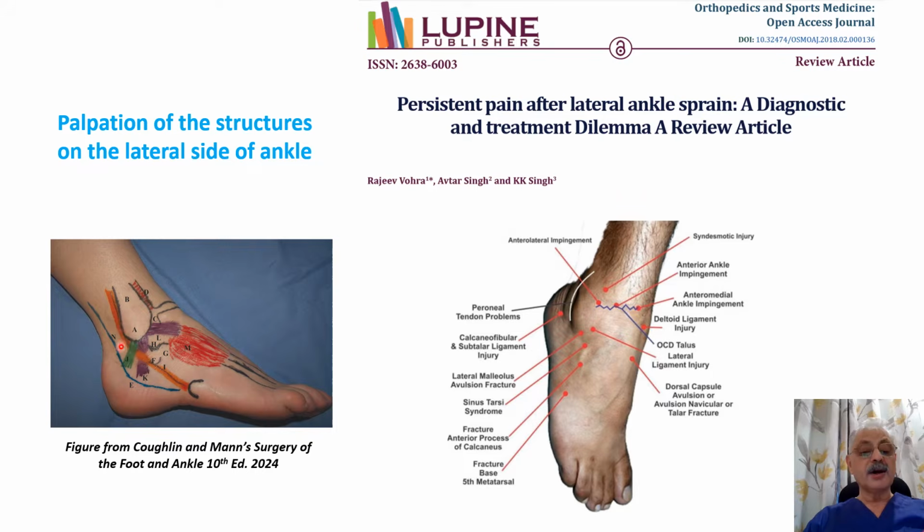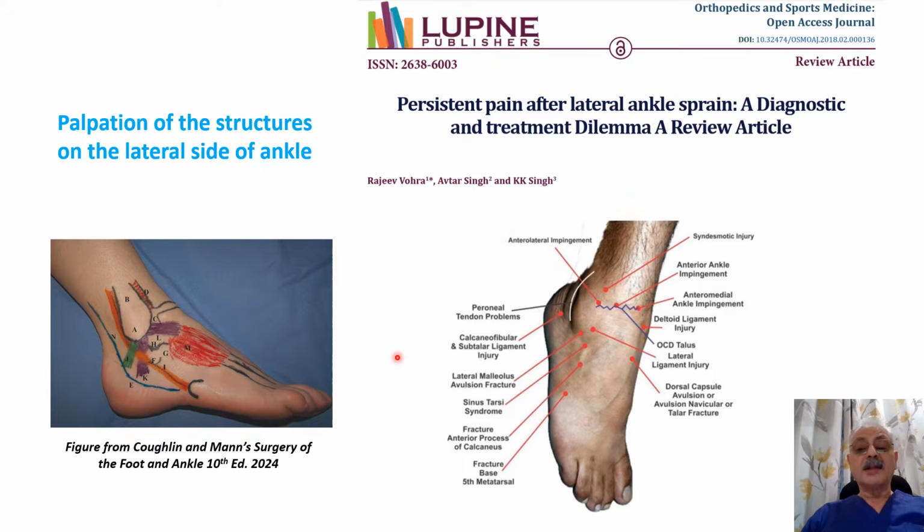You may have a lateral malleolus fracture, and even the sural nerve can get stretched. You can have an anterior process of the calcaneus fracture and the fifth metatarsal fracture. So all these things need to be appreciated when we are palpating from the lateral side.